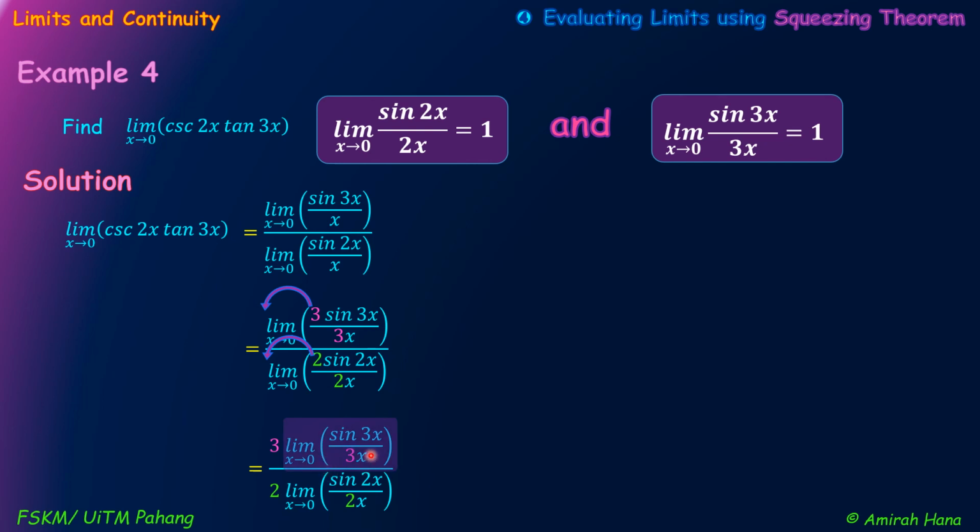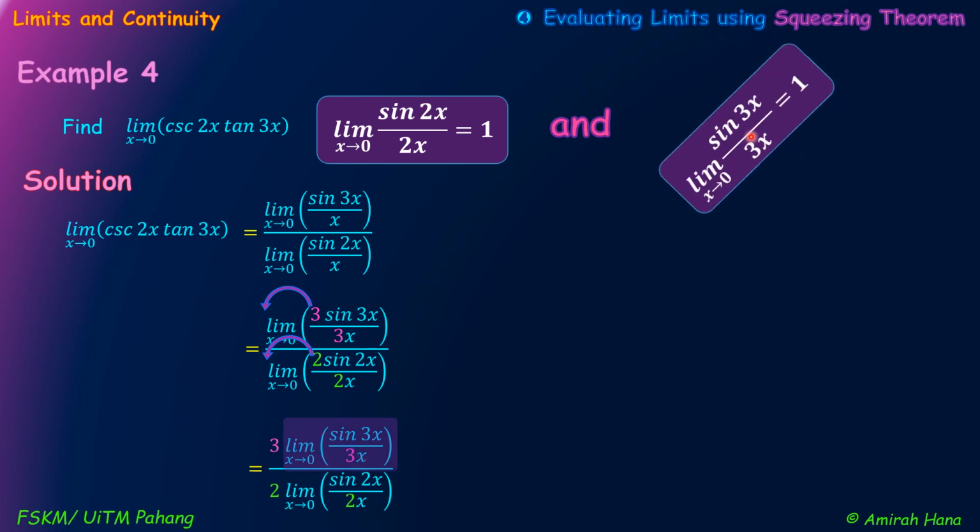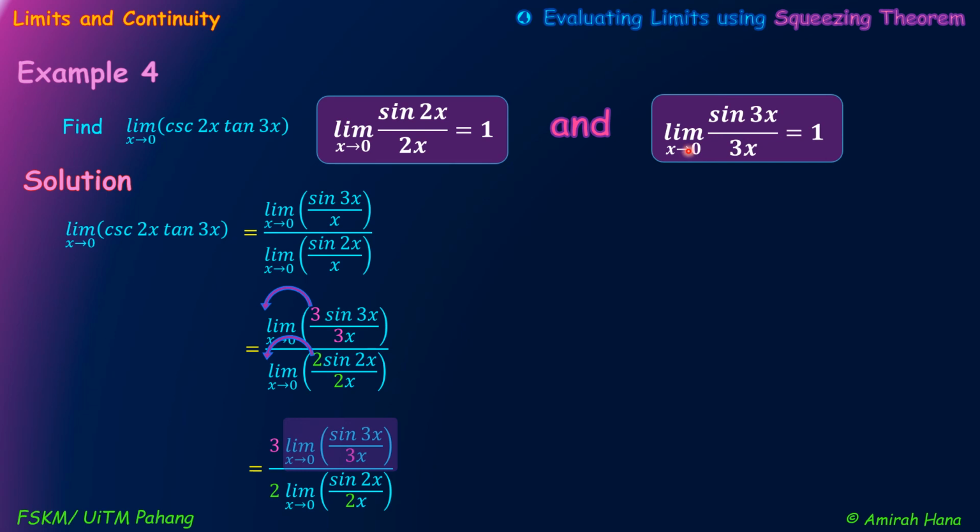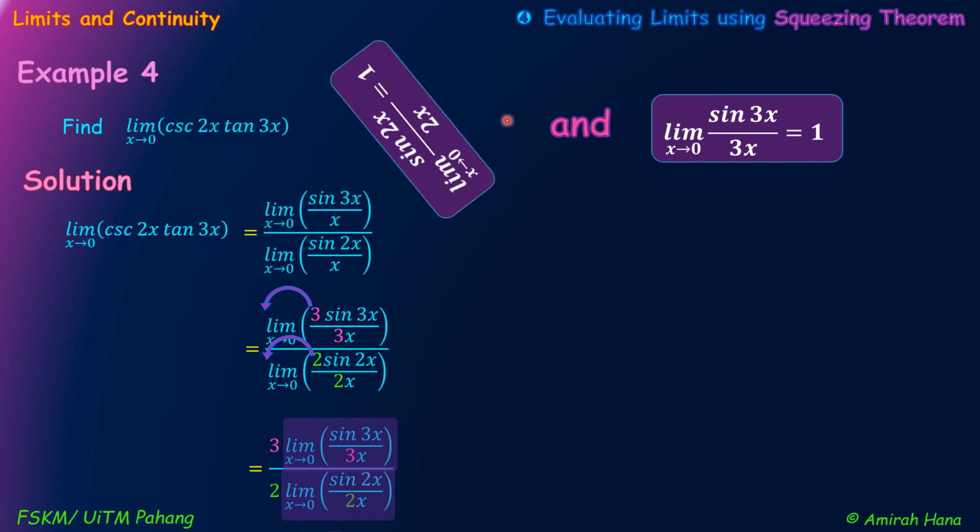From here, now we have this theorem, limit x approaches 0, sine 3x over 3x, which equals 1. And then limit x approaches 0, sine 2x over 2x equals 1 from the squeezing theorem, right?